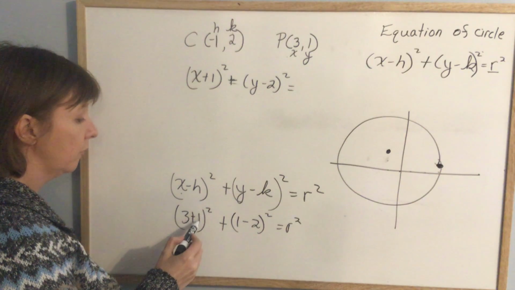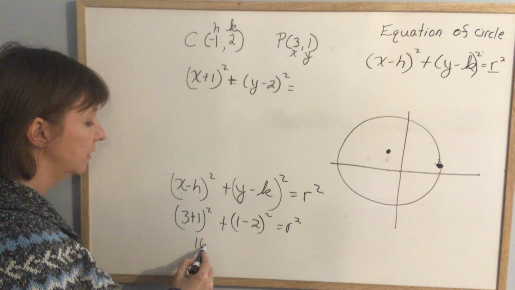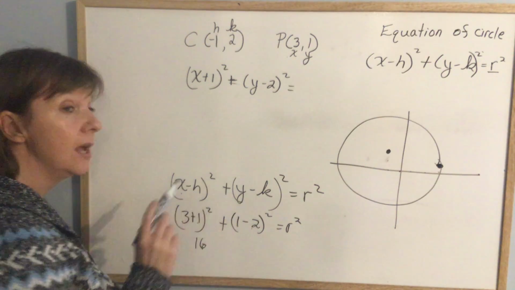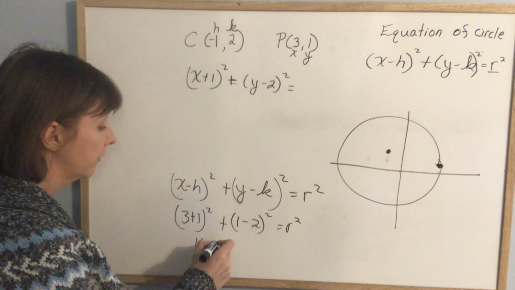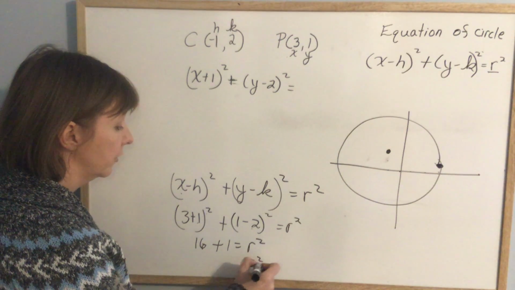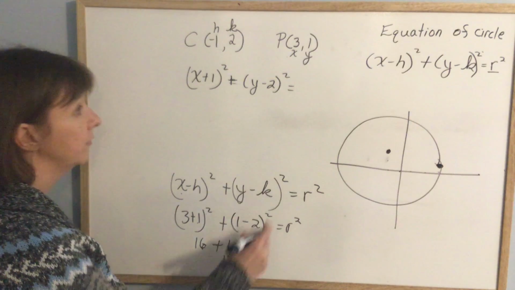So 3 plus 1 is 4, 4 squared is 16, and 1 take away 2 is negative 1. Negative 1 squared is 1, so plus 1 is equal to r squared. So r squared is 17.